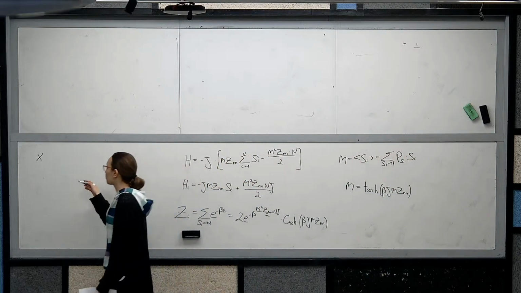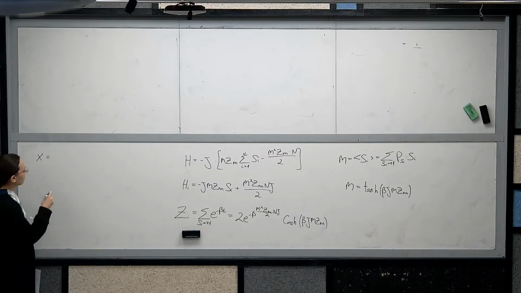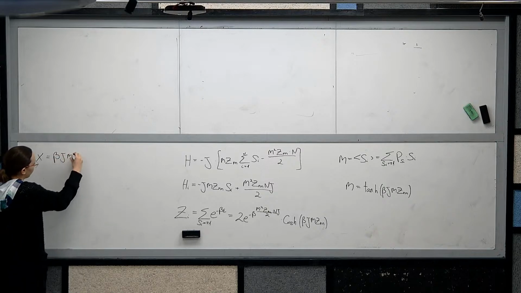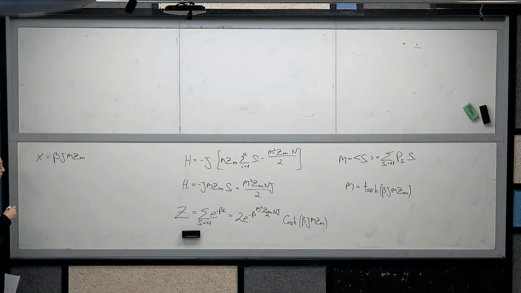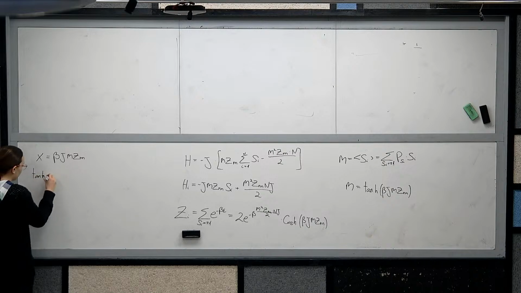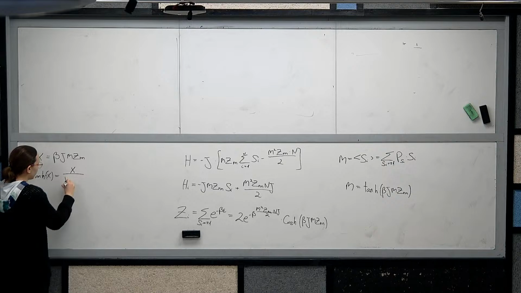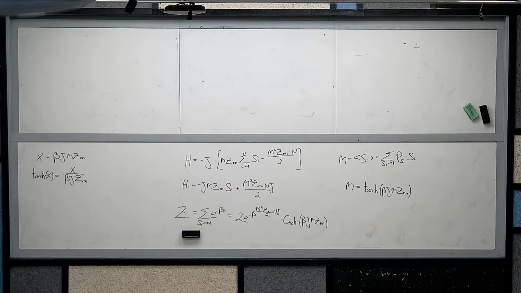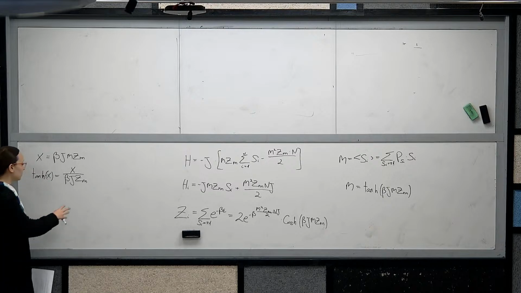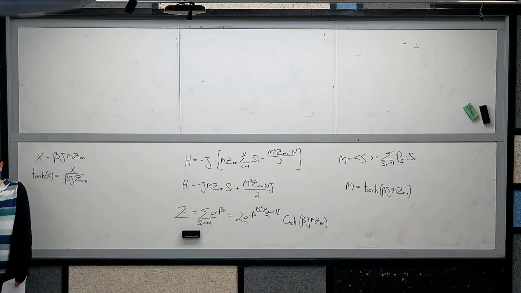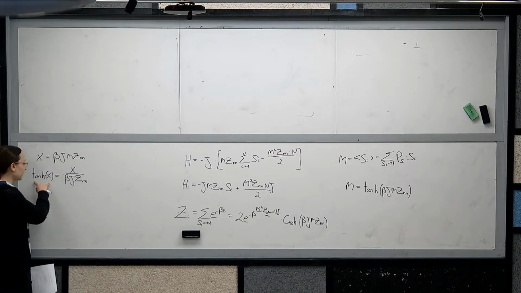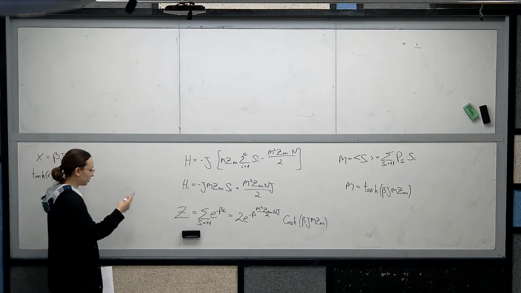So x equals what we have there, beta J m z and N. So we get the equation: hyperbolic tangent of x equals m, so x divided by beta J z N. The solutions for this equation are where this graph and this graph intersect each other.